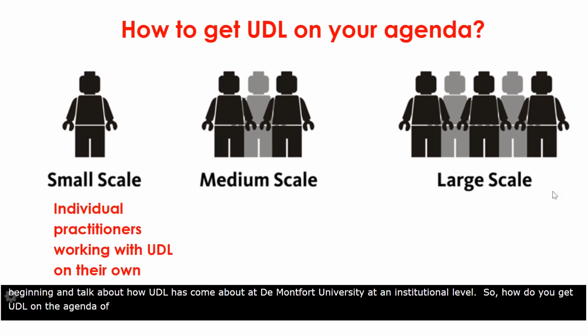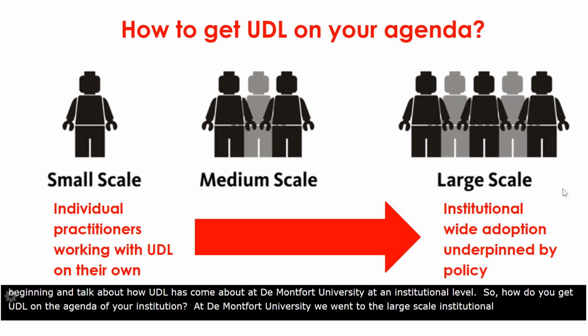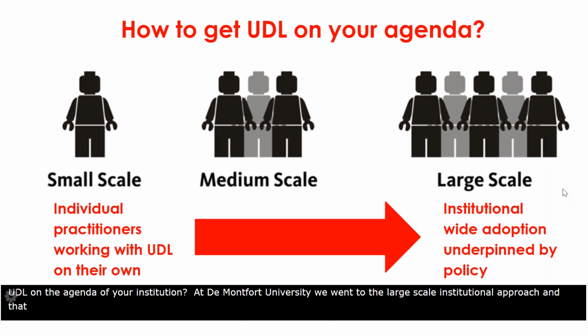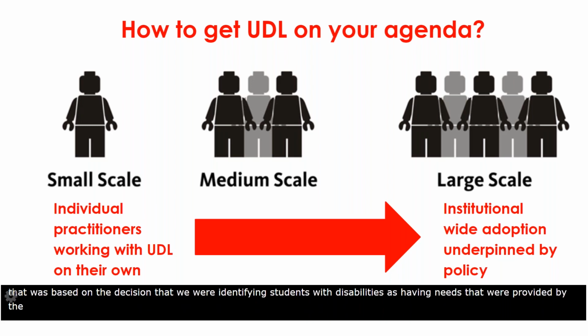At De Montfort University, we went to the large-scale institutional approach, and that was based on the decision that we were identifying students with disabilities as having needs that were provided by the Disability Support Student Allowance.